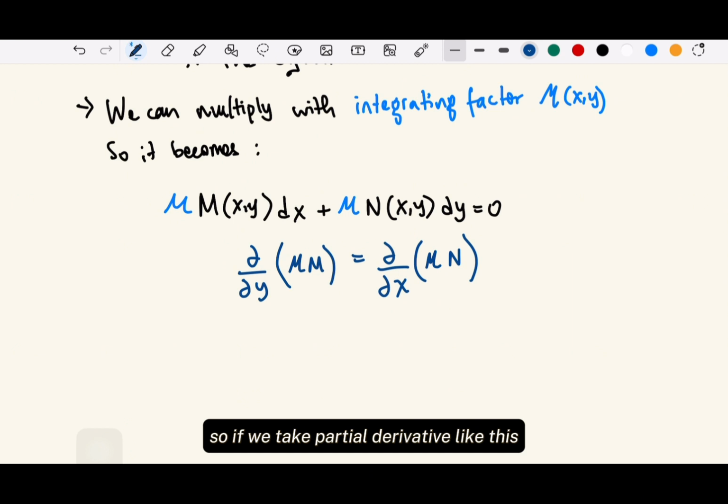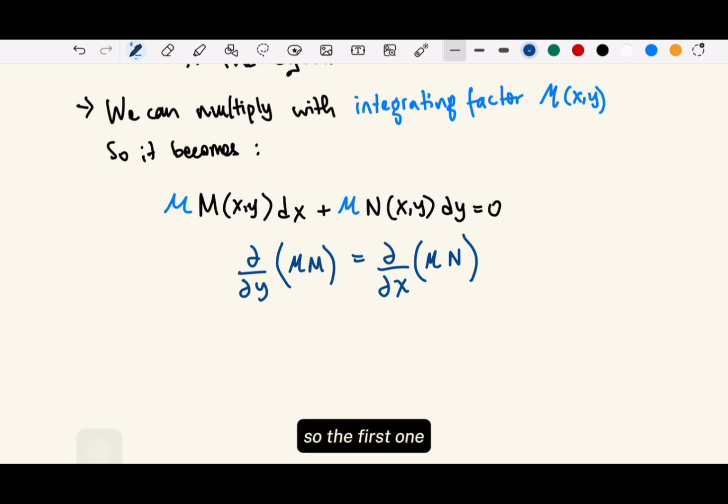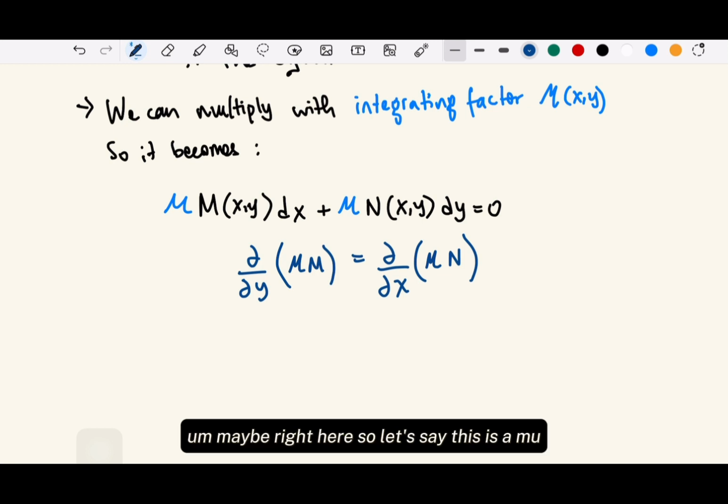So if we take the partial derivative like this, we partially derive with respect to y and with respect to x. It means that we are going to use the product rule for both of these two sides, okay? So the first one, let me write here.